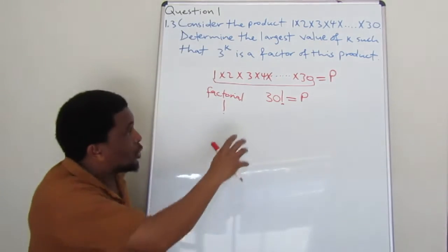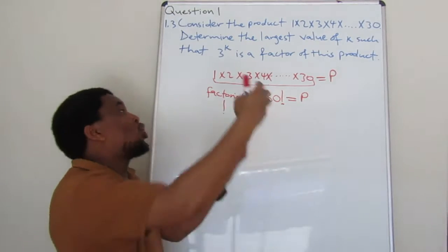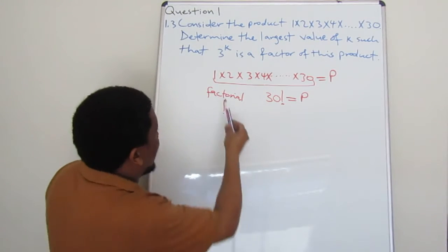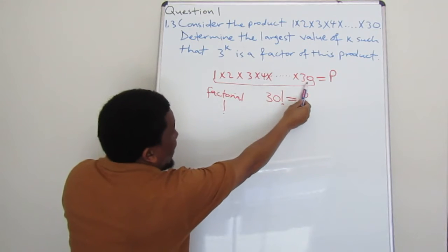What I will do in a question like this is go to my formula. Can you see 1 times 2 times up until 30?